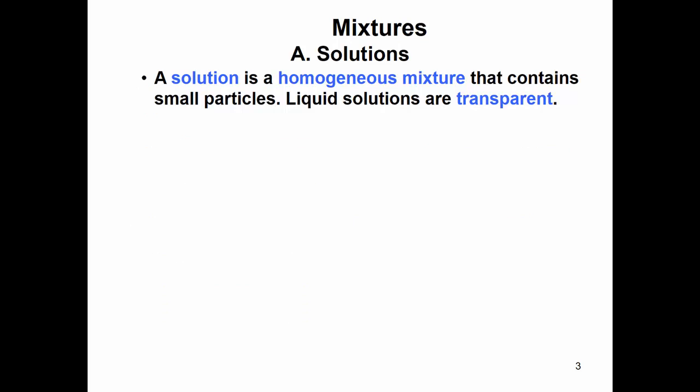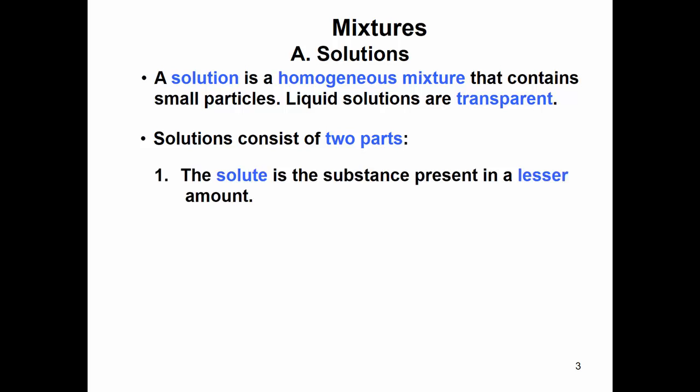A solution is a type of homogeneous mixture, and it contains small particles. And liquid solutions, which is what we come across a lot in the lab, are transparent. So we can see through them. Solutions consist of two parts, and these are some new definitions here.